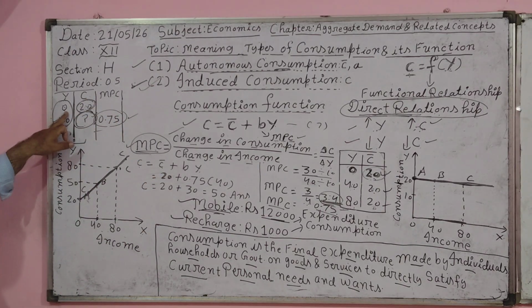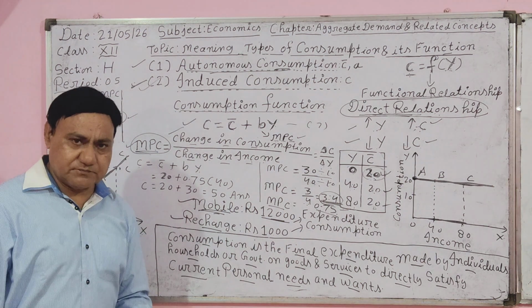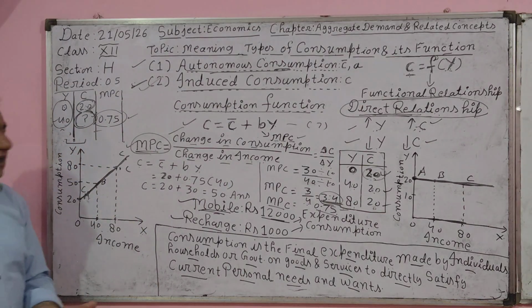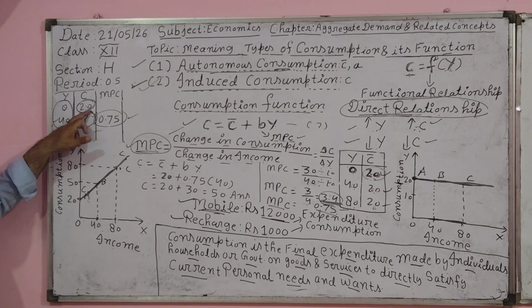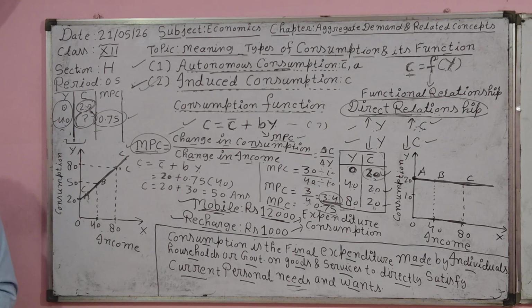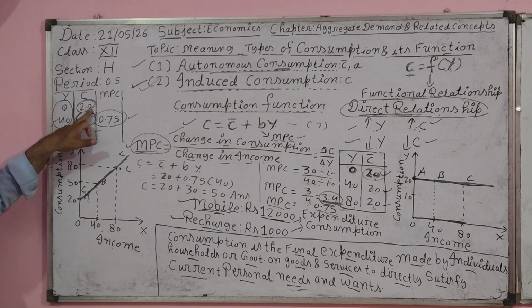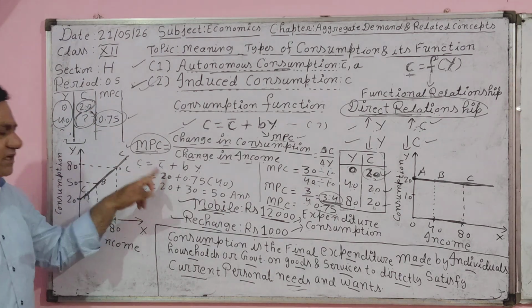At zero level of income, the consumption is 20. So 20 is autonomous consumption, because consumption at zero level of income is known as autonomous consumption. It is also the definition of autonomous consumption. In this question, at zero level of income, consumption is 20. So 20 is autonomous consumption.